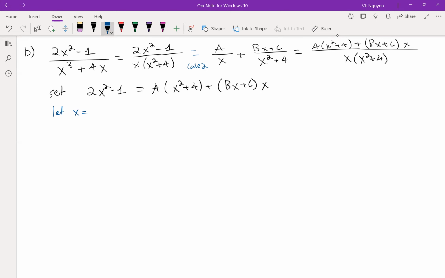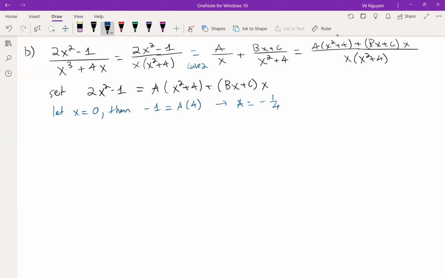Let x equal to, well, we can let it equal to 0. And to get rid of b and c, then we have negative 1 equal to a times 4. So I mean, a is negative 1/4. Yay!